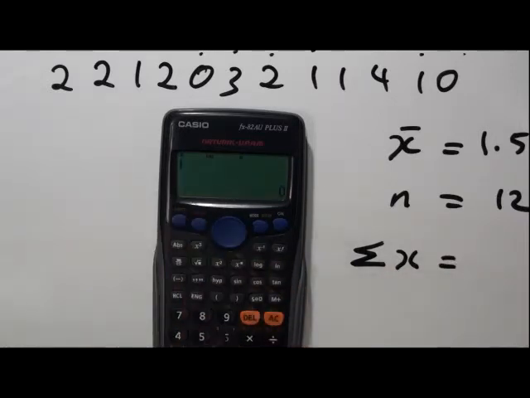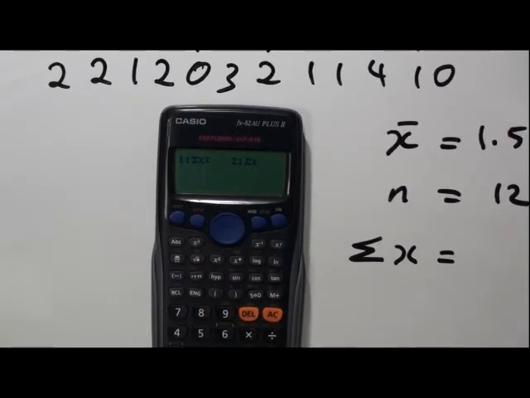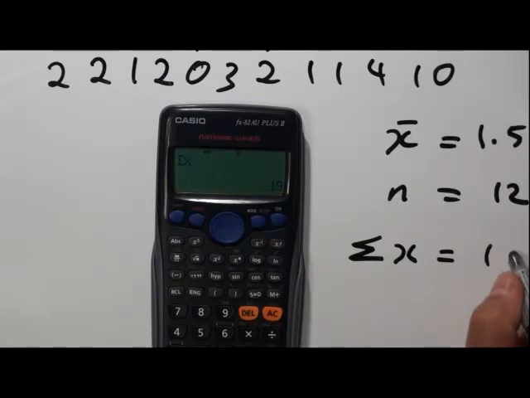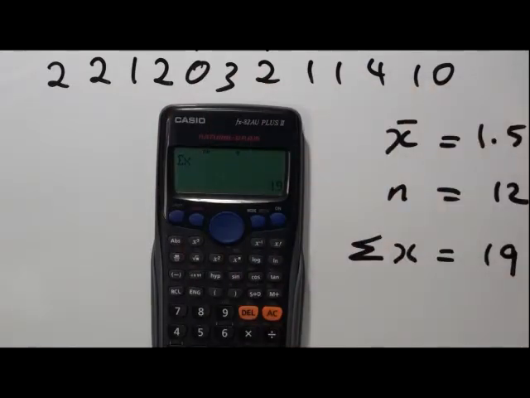And if you hit shift stat and you click number 3 for sum, you hit 2 for the same symbol that we want here, 2 to sum all our scores, equals, and the sum of our scores is given to us as being 19. So if I was to add all of these manually, it would give me a value of 19. So it's handy to know all this information that you can do on your calculator.